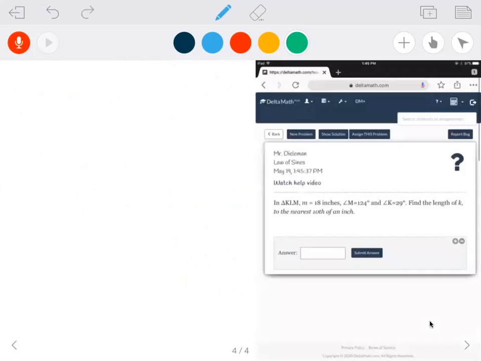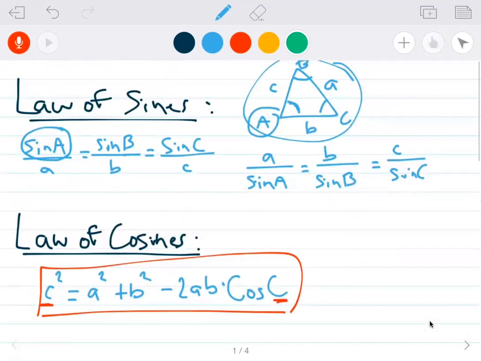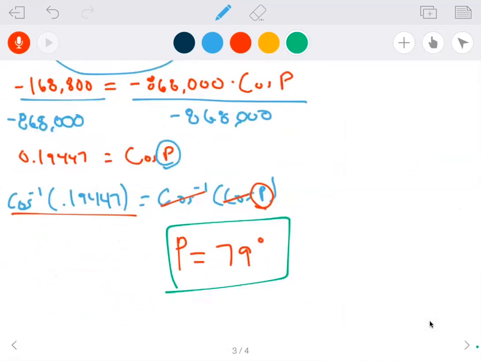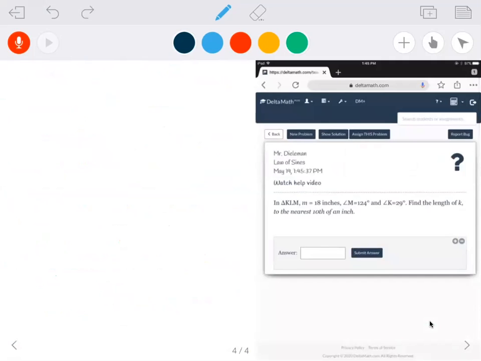Last but not least, law of sines. The first page I said, law of sines is the sine of an angle divided by its corresponding side, or the side that's across from it. And that's going to be equal to another sine of an angle divided by its side. So let's move to this final one, where we've got triangle KLM, where we've got our side lengths going across.